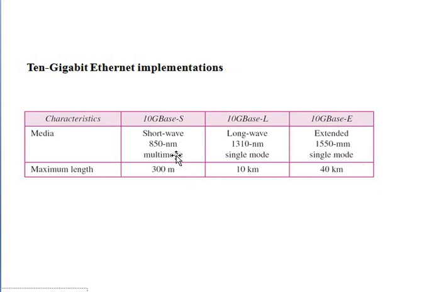The maximum length for 10GBase-S is 300 meters, 10GBase-L is 10 kilometers, and 10GBase-E is 40 kilometers.